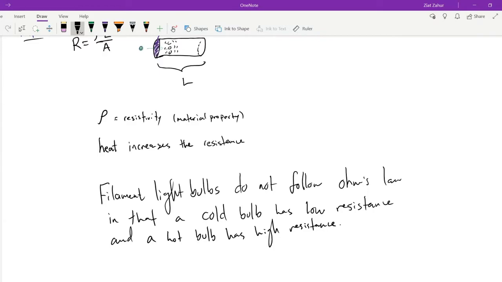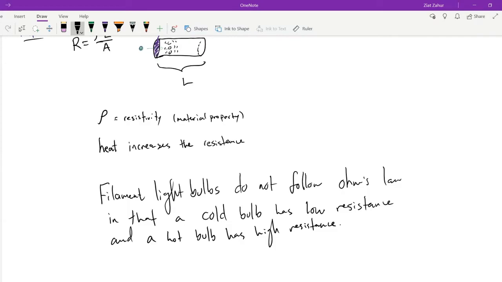So when I say it doesn't follow Ohm's law, it's only because the R value is changing, and so you can't really measure the resistance of a light bulb by using an ohm meter. Remember, when we have to use ohm meters, we have to disconnect the element and then touch the two ends of your circuit element to measure resistance. But because the cold light bulb has a different resistance value than a hot light bulb, you can't really measure it.